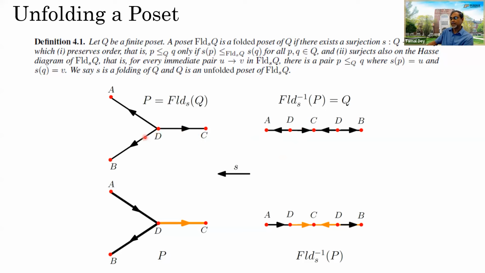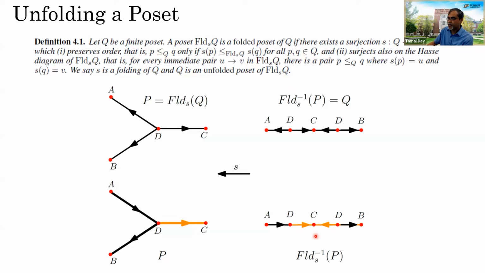So that's the definition of the folding S from the poset Q to P, but in the reverse direction, there's the unfolding from P to Q, and I call it fold S, Q is the folding of Q to P under the surjection S, and its reverse is fold S inverse of P is equal to Q. So in this case, you can see this DC, this arrow has been unfolded into two arrows here.